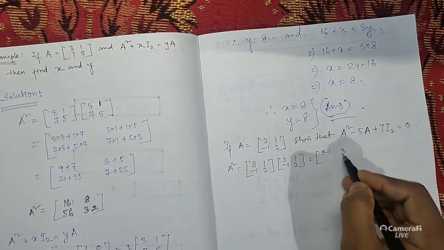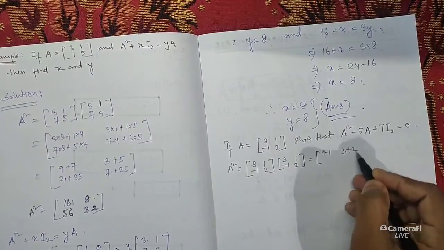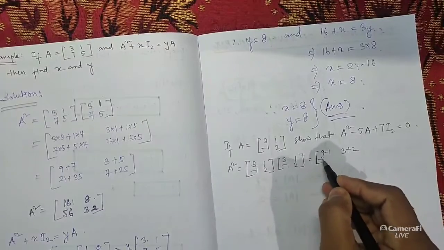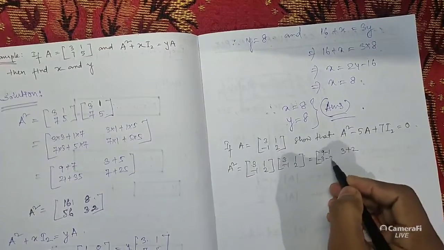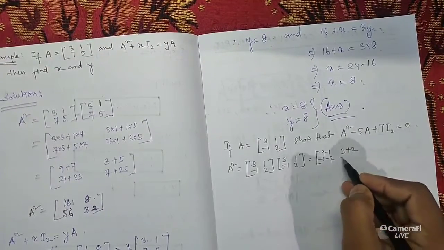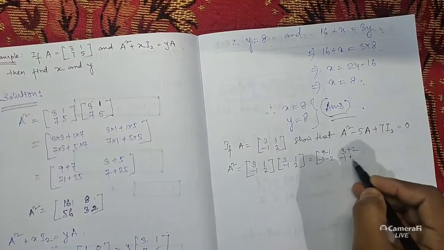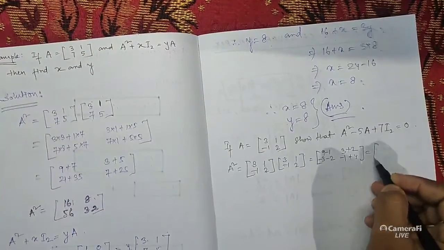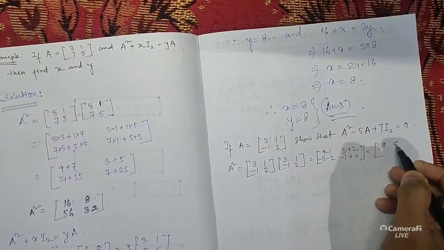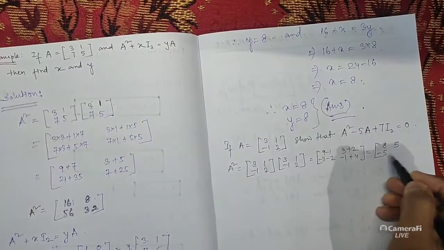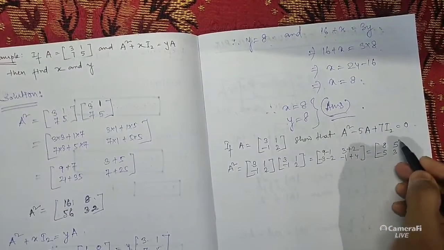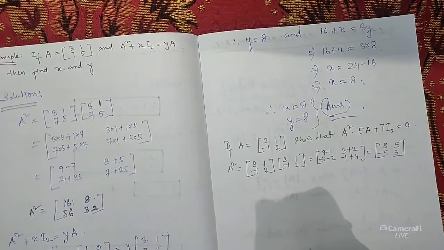Next 3 into 1 is 3, plus 2, which gives 5. Minus 1 into 3 is minus 3, minus 2, which gives minus 5. And minus 1 into 1 is minus 1, plus 4, which gives 3. So we are getting here 8, 5, minus 5 and 3. Check it: 8, 5, minus 5 and 3.